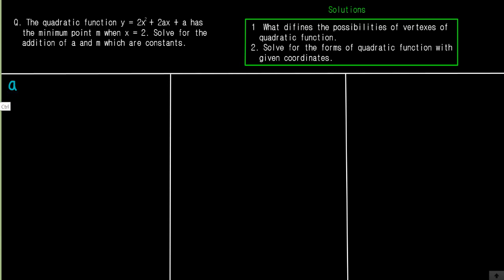The first case is when the leading coefficient, which we will notate as a, is greater than 0, which means when the leading coefficient is positive, the graph of the quadratic function will go upward.